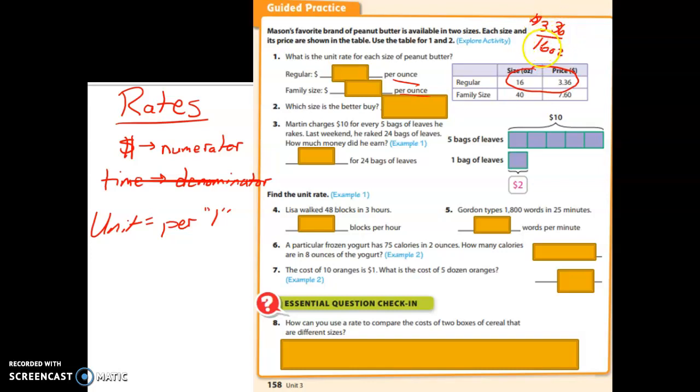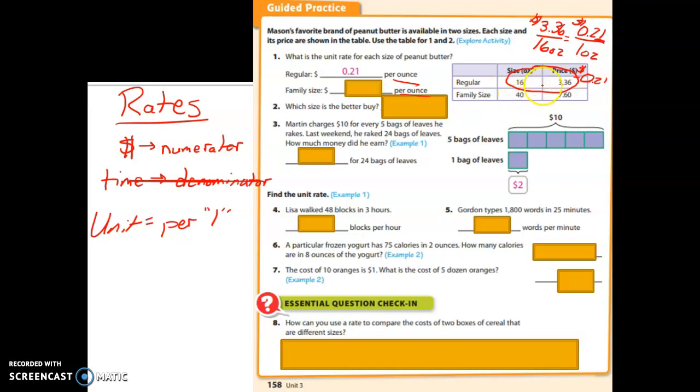If we divide 336 by 16, we're going to figure out exactly how much it is for 1 ounce. So on a calculator, $3.36 divided by 16, and I know you could do this without a calculator, but if we use a calculator, you'll find out that it is going to be 21 cents. Now remember, if we have to round, we round to the nearest hundredth, right? So we use that thousandths to round that hundredths. So this one is 21 cents per ounce, okay?